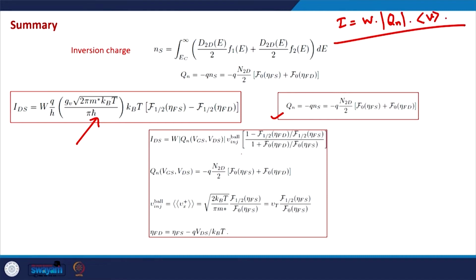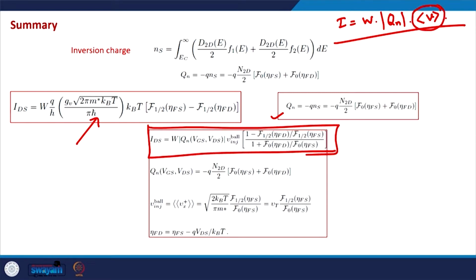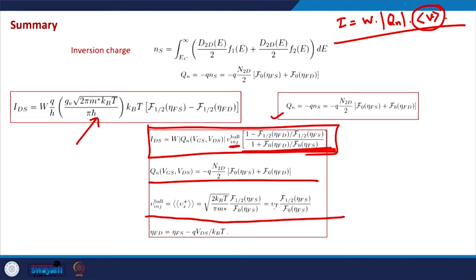In this case, this is what we obtain, and from here you can see that the average velocity right at the beginning of the channel is the ballistic injection velocity times this complicated-looking factor involving various Fermi-Dirac integrals. So this is the charge. The ballistic injection velocity is just the unidirectional thermal velocity times the Fermi-Dirac integral of order plus half divided by the Fermi-Dirac integral of order 0.